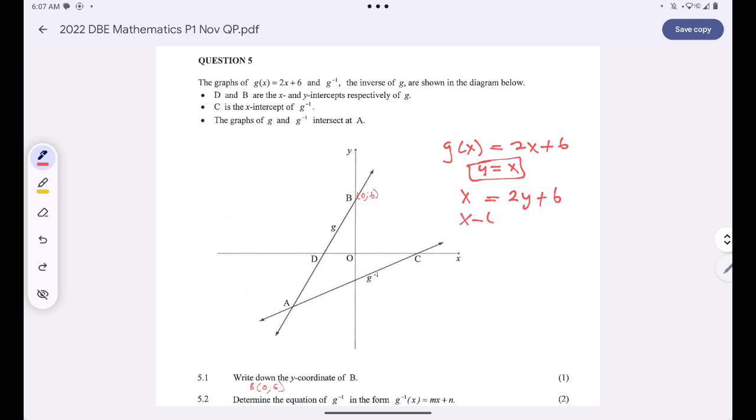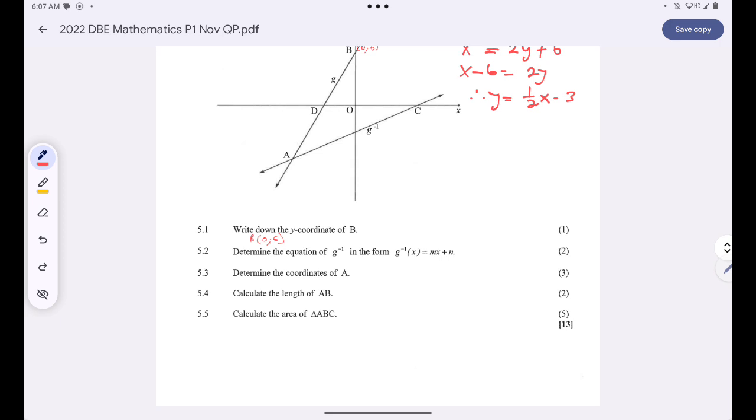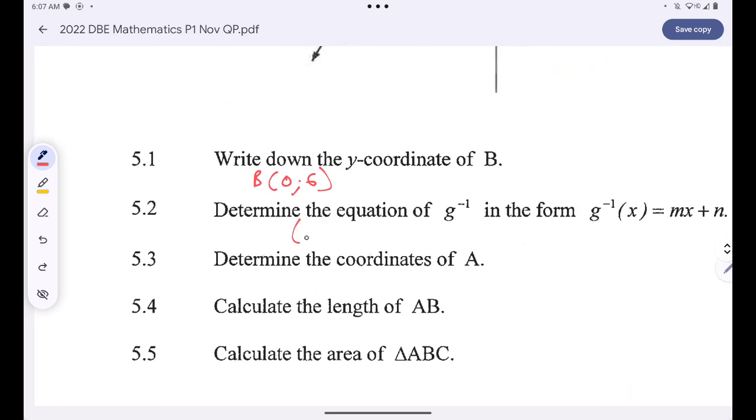So we'll have x minus 6 is equal to 2y. Therefore, y is 1 over 2 x minus 3. That is the inverse of g.